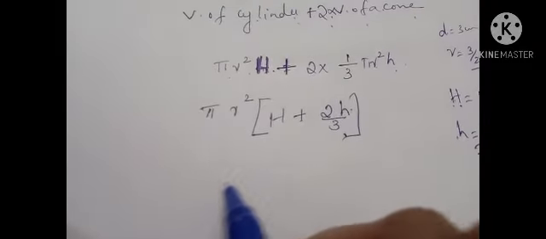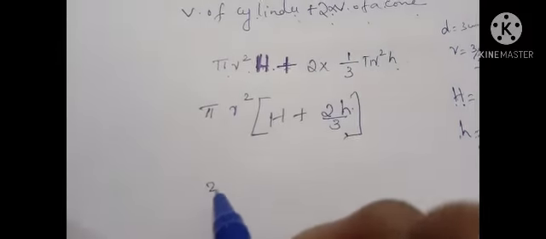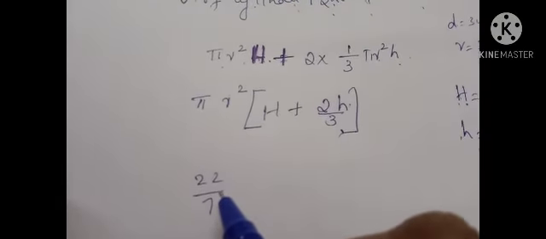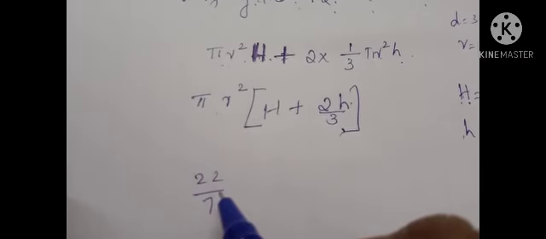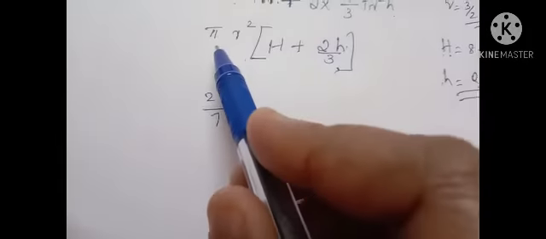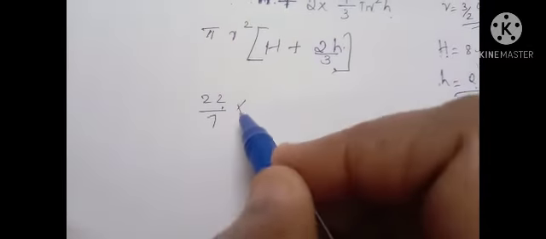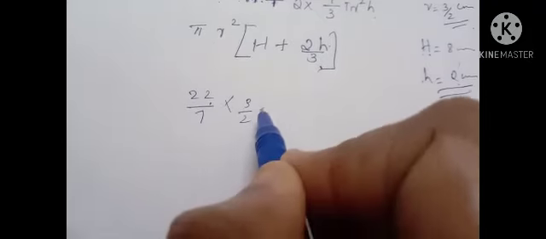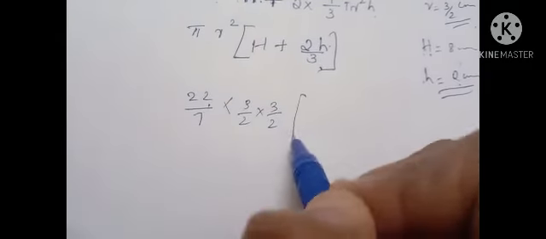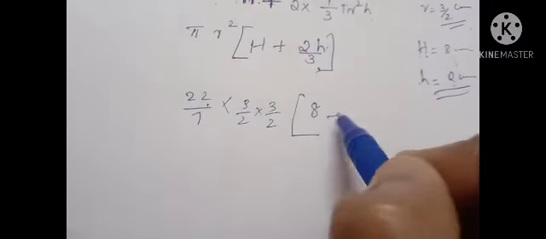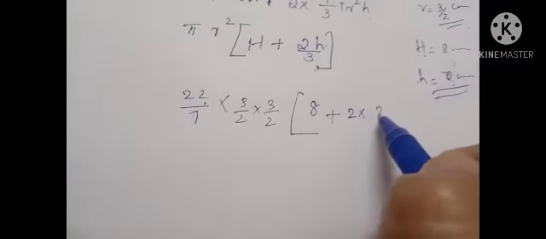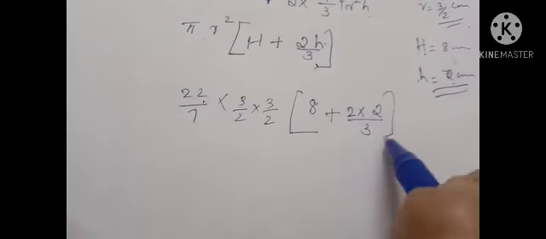Then we can substitute the value of pi as 22 by 7. In this exercise it is given to use pi equal to 22 by 7 unless stated otherwise. Here we give pi as 22 by 7, r as 3 by 2. So r square means 3 by 2 into 3 by 2. Then capital H is 8 cm plus 2 into small h is 2 cm, so 2 by 3. Right?